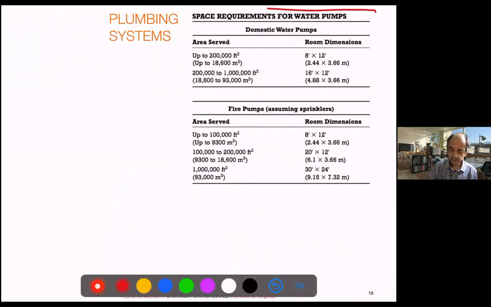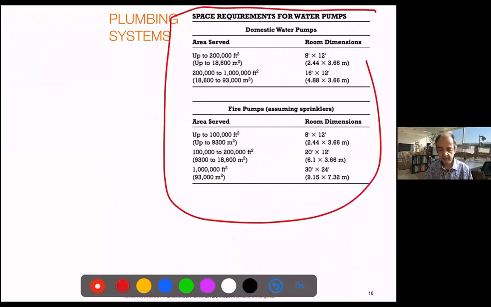You have a basic dimensioning for the pumps depending on the area, right? You see that the buildings are quite large, but actually 3x4 will serve most of the buildings. And then for fire depends on the regulations also, and you will need much more space, right? Usually in general.